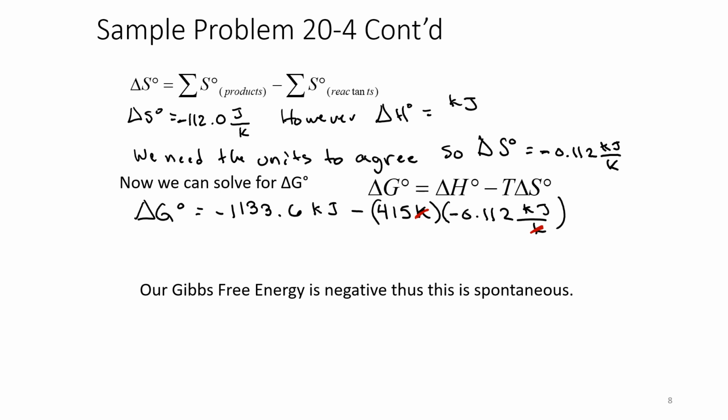So we're going to get that our delta G is equal to negative 1087.1 kilojoules. Our delta G is negative, and the last part of this problem asks us whether this is a spontaneous reaction or not. Yes, it is spontaneous.